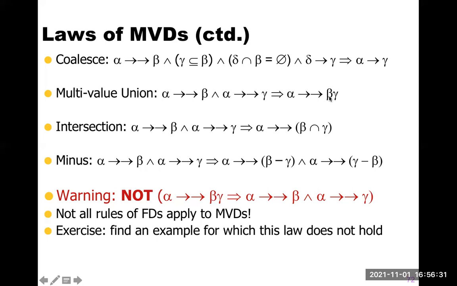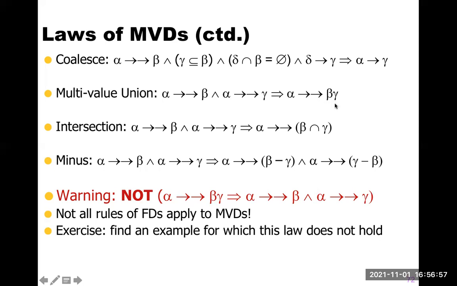But not vice versa. Union in functional dependency, we may move from different dependencies to union and back. A functional dependency may be split by the right part, but not for multi-value. If we have such a dependency, that doesn't mean that we may split it into two rules.